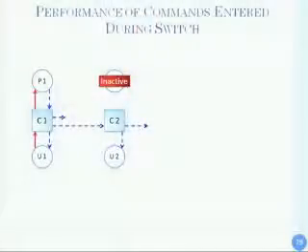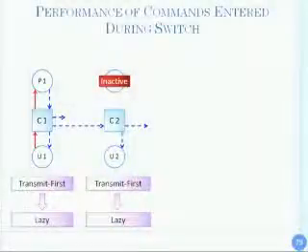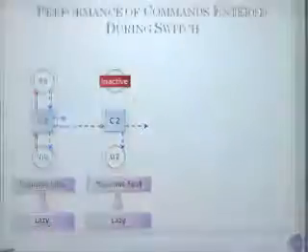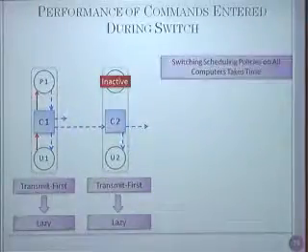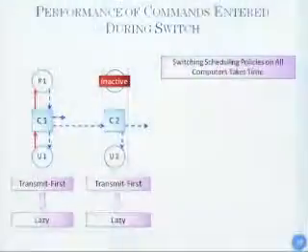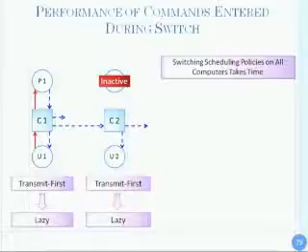Okay, now there's an interesting implementation issue that arises during the switch of scheduling policies, in particular to the performance of the commands entered during the switch. Suppose we're switching from transmit first to lazy. This switch in general takes time. So computers may temporarily use a mix of old and new policies.